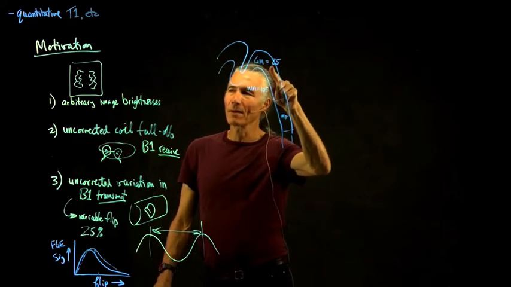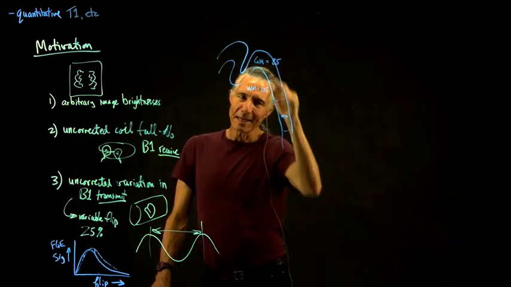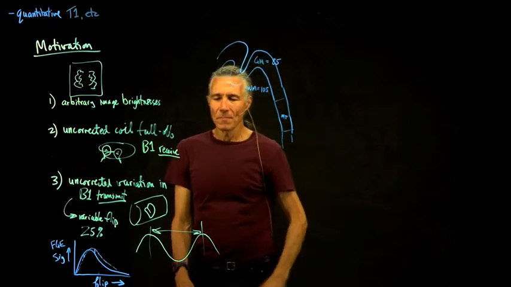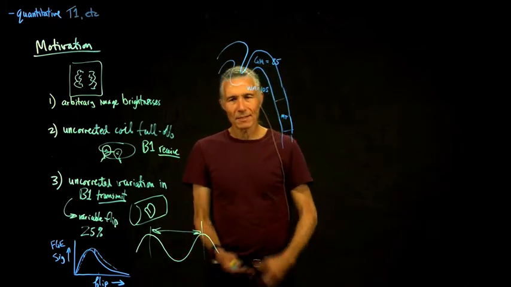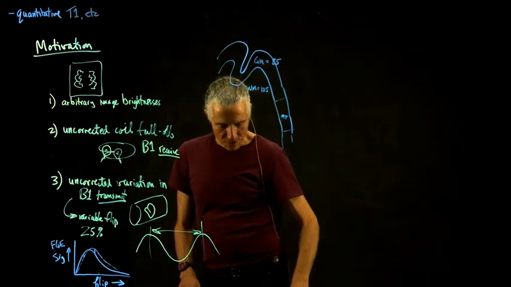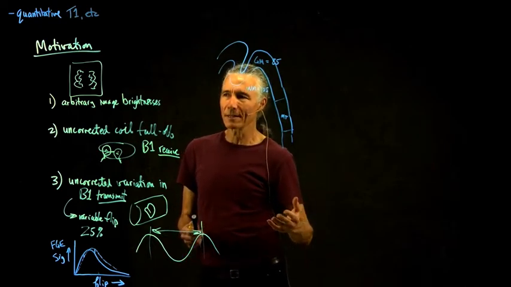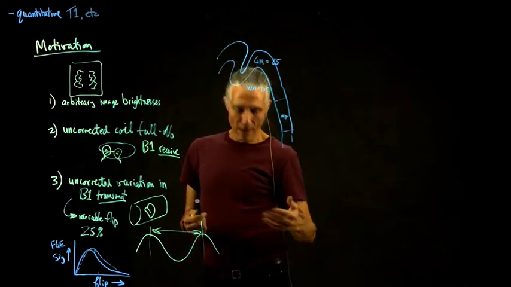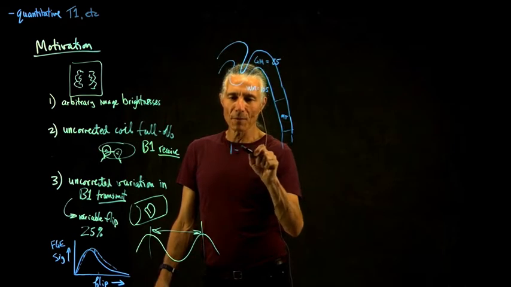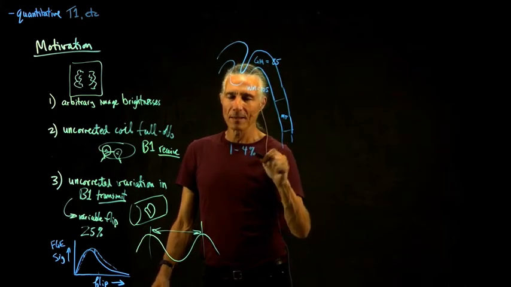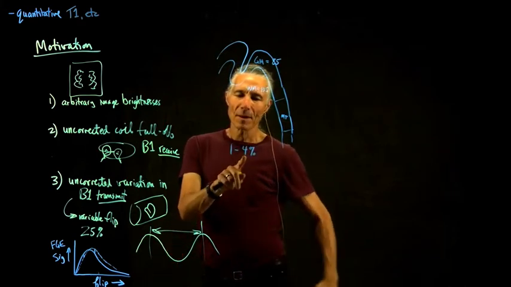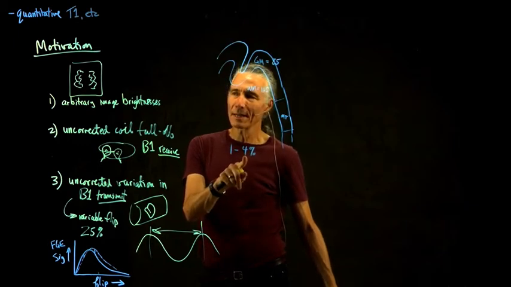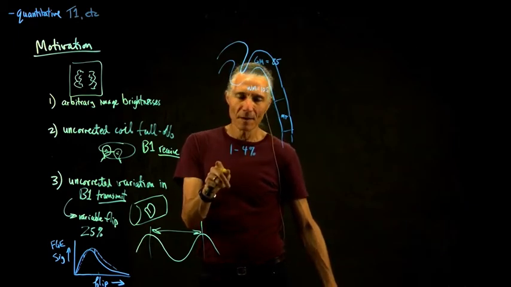So instead of 85, it might be 88. So if you look across the cortex, what are the differences between different cortical areas? They're in the order of 1 to 4%.